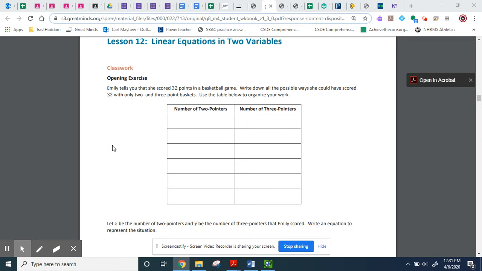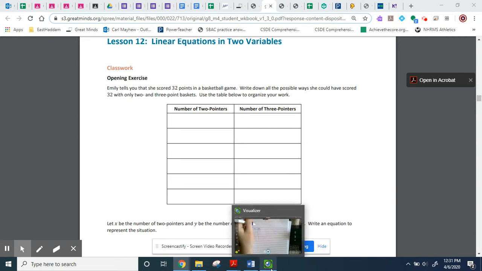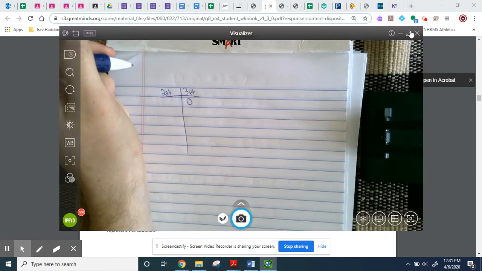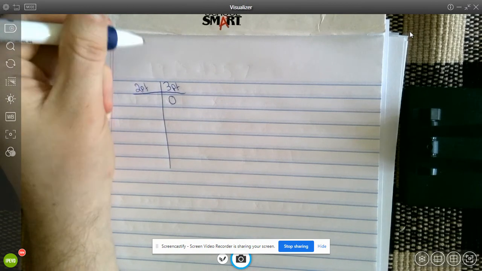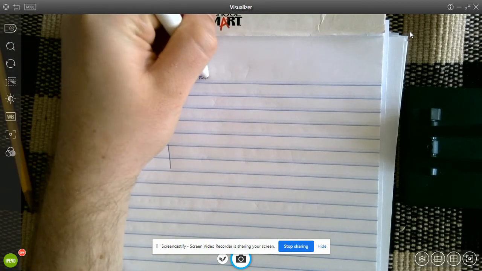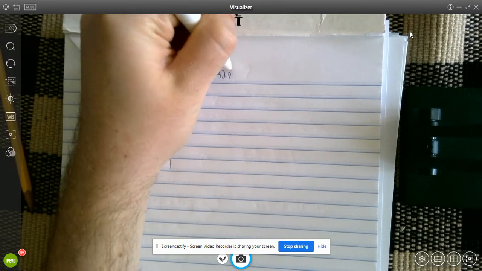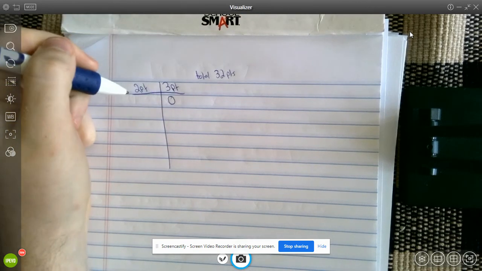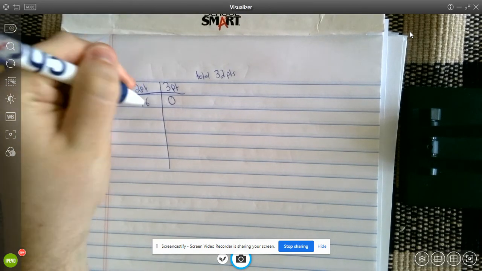But she ends with an even amount. What we could say is she has 0 3-point shots. Maybe she didn't like to do 3-point shots. If she did 0 3-point shots and her total was 32 points, well, that means that she scored 16 2-pointers.